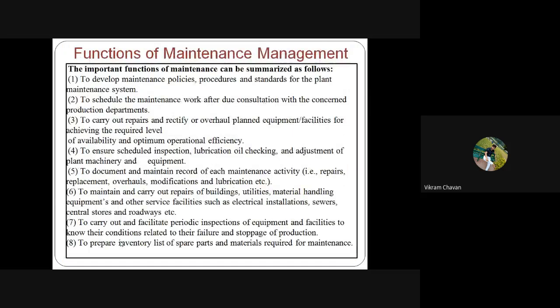Okay. Then the functions of maintenance management. Write down the next point. Functions of maintenance management.